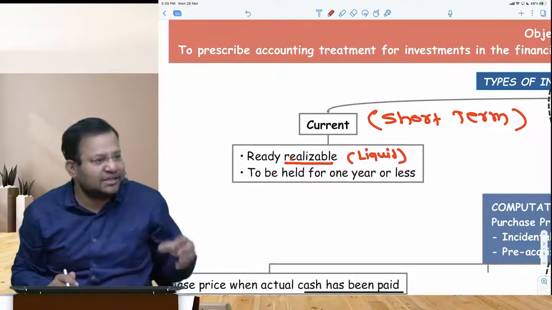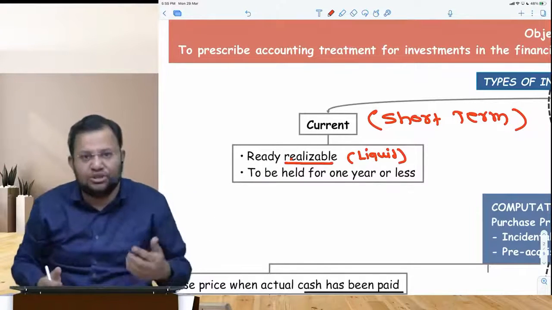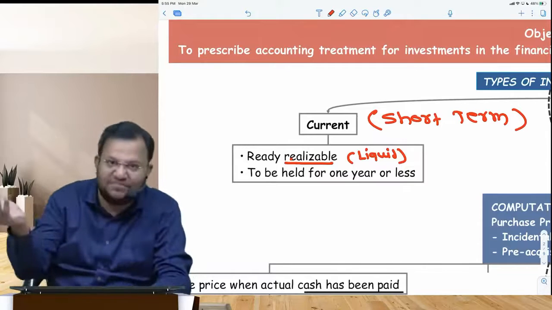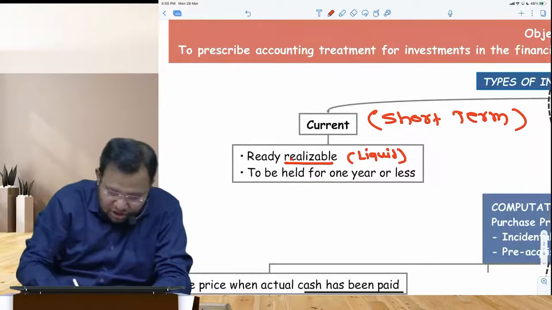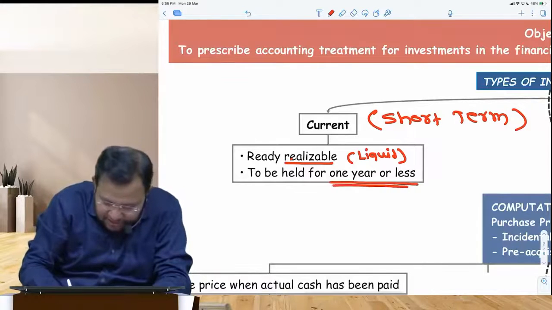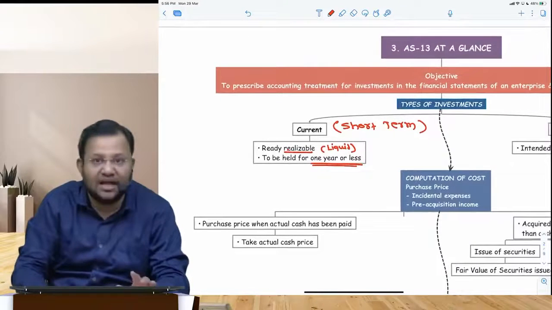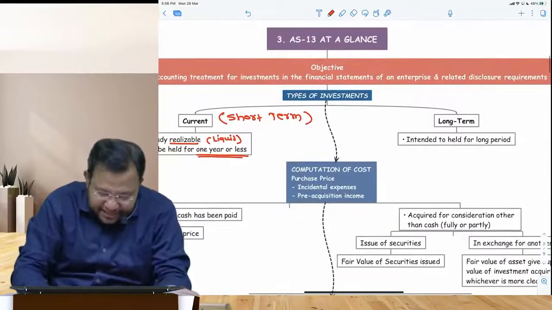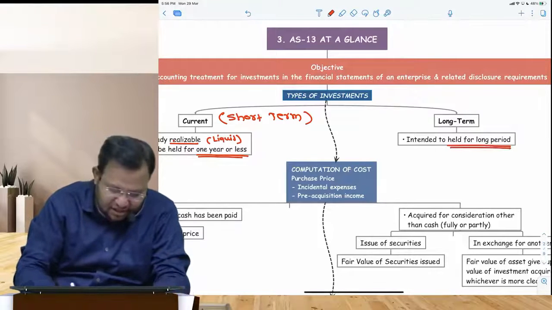Readily realizable does not mean within a few minutes or within a few days. You should be able to get the money quickly. There is no definition of quickly. And your intention should be to hold them for 1 year or less than 1 year. They are called current investment. Anything which is intended to be held for a longer period than that is called long term.